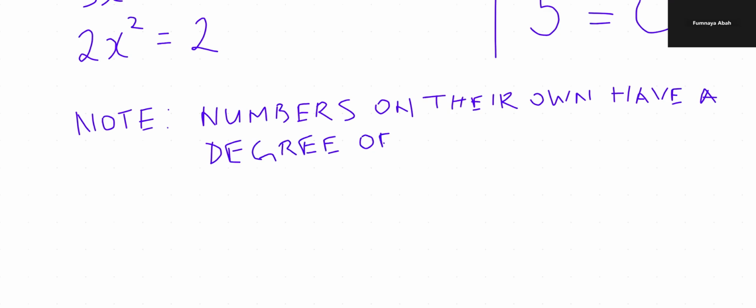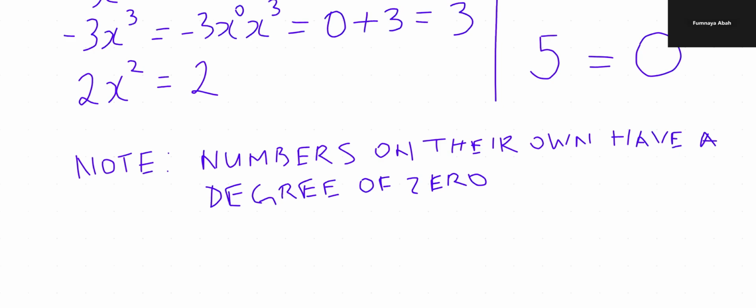So just something to remember in case you get confused with numbers on their own and you have to find the degree of that number. They're all equal to 0.